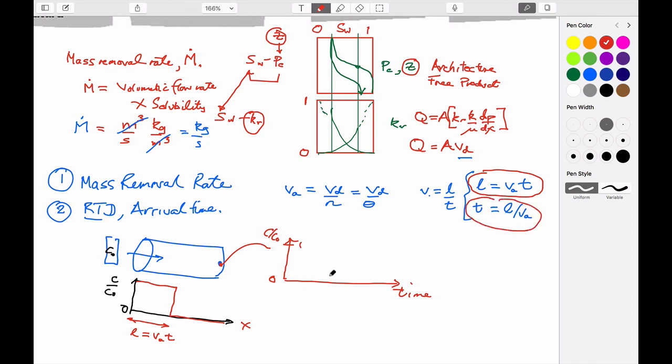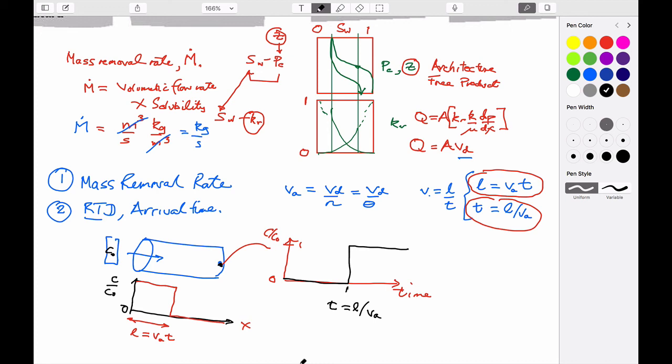It would be something that looks like this, where the time here, the breakthrough time at this particular location, would be equal to the length traveled over the advective velocity. So that's our next adventure then.